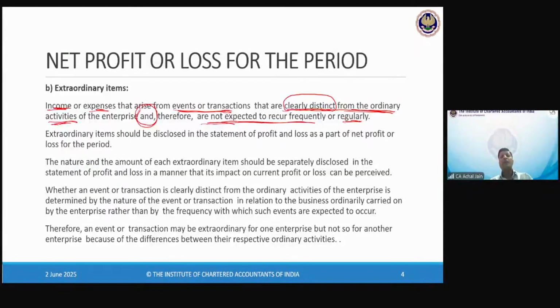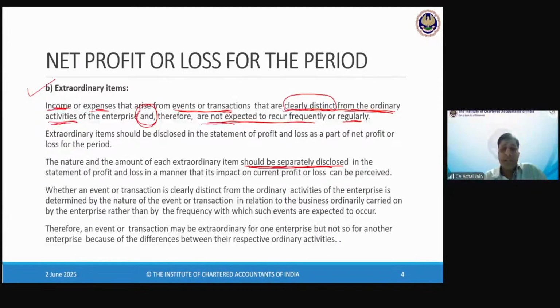So in the statement of P&L, there will be a separate line item for extraordinary items. That's the only requirement. You can say that's the only change. As far as recognition is concerned, as far as measurement is concerned, there is no change. So what is the only change? For such items, the nomenclature will be extraordinary and they will have to be presented separately.